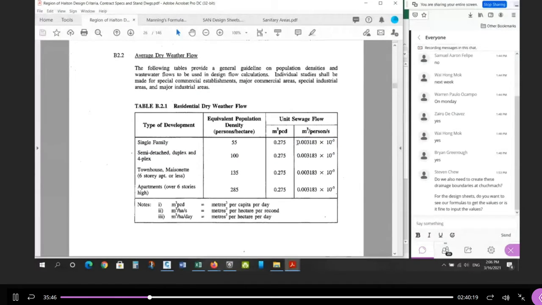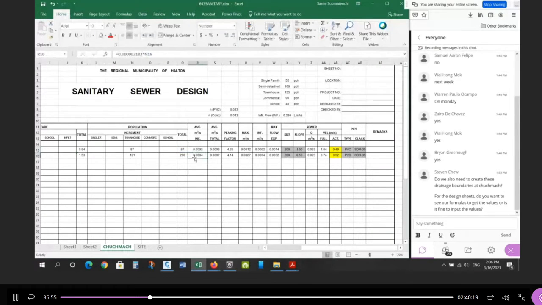Just take this and multiply by 10 to the negative 3, so add 3 more zeros after the decimal place. So that's where this number comes from. And it's based on that flow times the population, how many people. So every person uses this much cubic meters per second. So this times the incremental flow, per person multiplied by the number of people. So that's where this comes from.